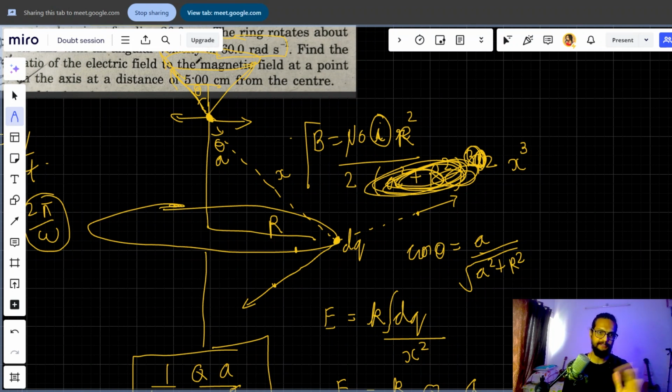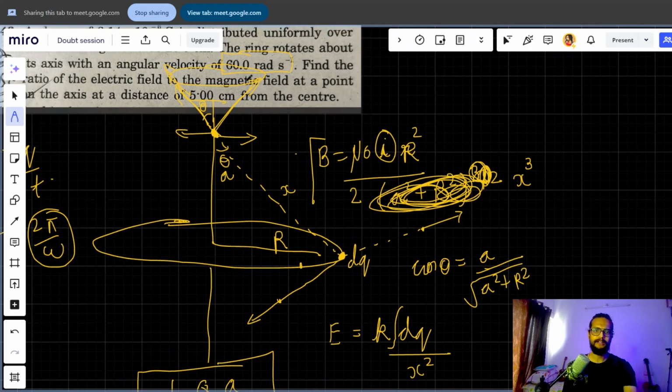That's why we took the vertical component, because we understood that it's not just a single dq charge. There are infinitely many charges along the circle, right? And each of the charges will have the fields, the electric fields and the magnetic field for that matter, in this conical direction. Once we have the electric and magnetic field in the conical direction, intuitively we can understand that the horizontal component of this one will get cancelled with the horizontal component of this one, isn't it?